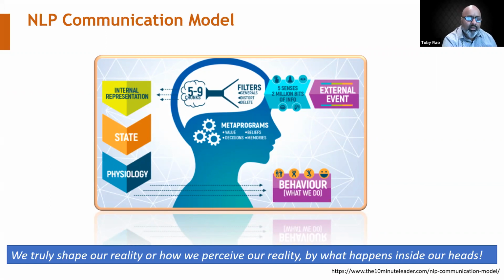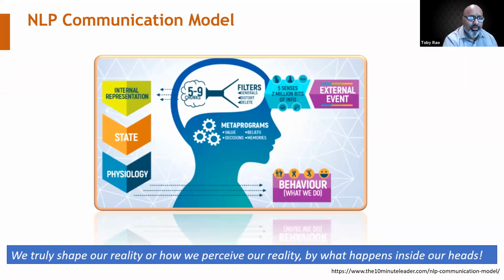And then the program manager thinks about this inside his own head. Based on information he already has, beliefs he already has, he could generalize it, distort it, delete it. So if the client called and said a lot of people are affected by this, and depending on so many different things, we talk about values, beliefs, decisions, memories, he could now go and tell the whole team, "Guys, the whole system is down.